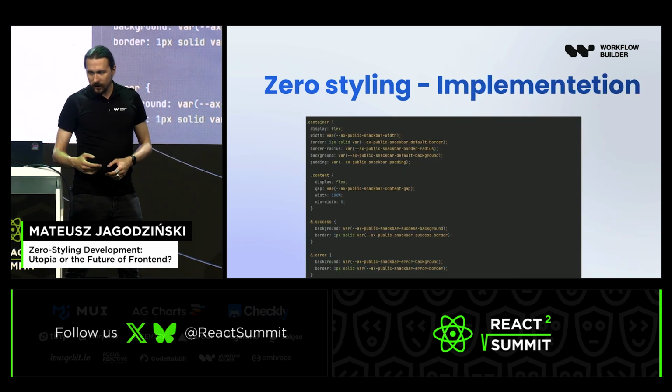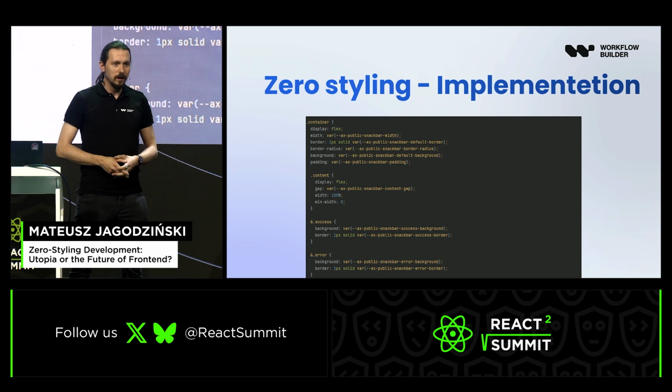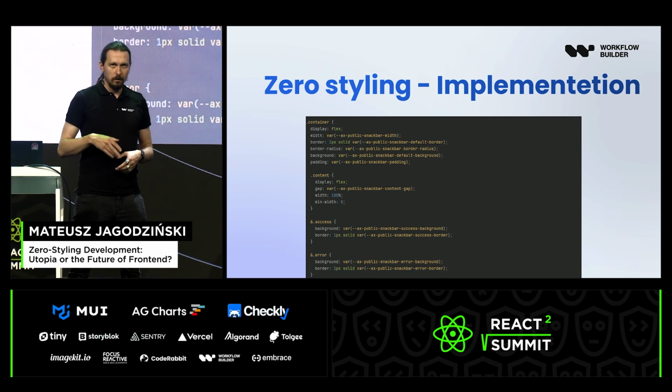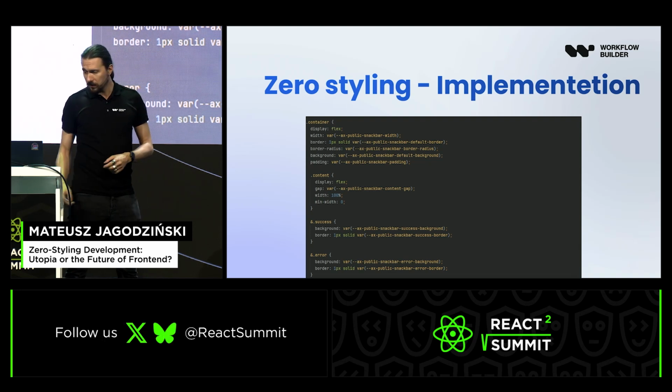And then the final step, of course, is in the code. When you implement the components, instead of writing the CSS, you're referencing those CSS variables from the generated bundle. The one important thing to add here is that in our component library, the styles import is completely separate from the build of the application, so it's entirely possible to just replace the CSS bundle and restyle the same version of the components.